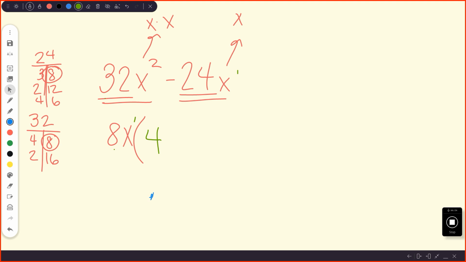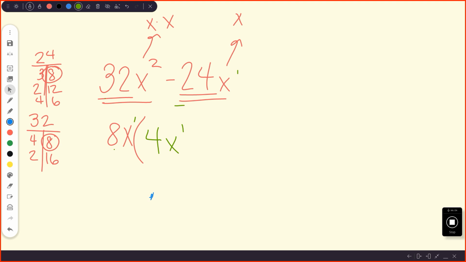Subtraction. So what am I doing with my exponents if I'm dividing them? Subtracting. So x squared minus x to the 1, because x squared divided by x is x to the 1.